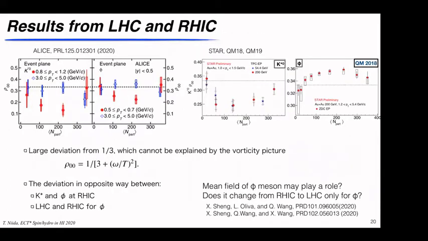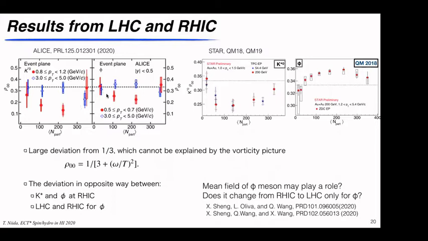But in the data, actually, ALICE and STAR measured this rho 0,0. The left two panels show the rho 0,0 as a function of the number of participants, or centrality, let's say, for K star and phi meson, where the red symbol is for low pT and the blue symbol for high pT.